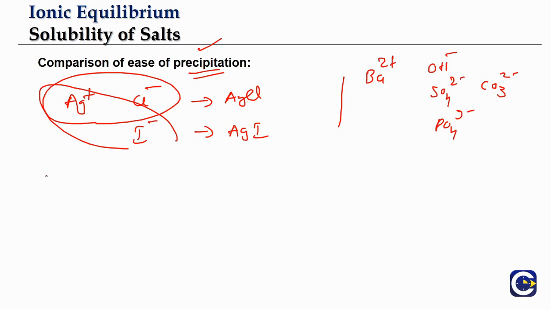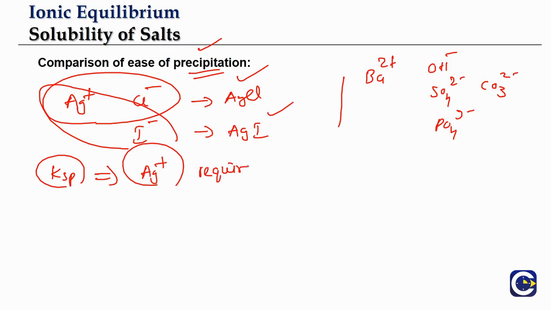The approach is very simple. If we look at the Ksp values of each of these salts, let's say Ksp value of AgCl and Ksp value of AgI, from the Ksp values we can find out what is the concentration of Ag+ required to start getting the precipitation. So for every salt, depending upon the Ksp value and the corresponding other ion concentration, we can find out.